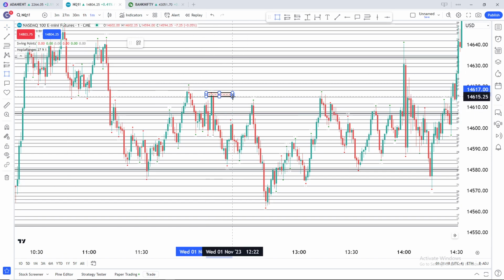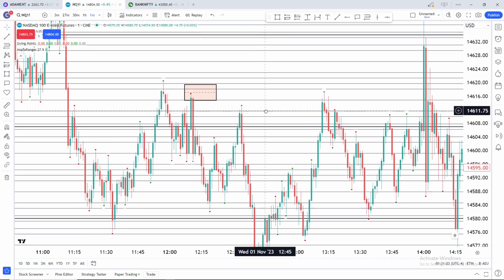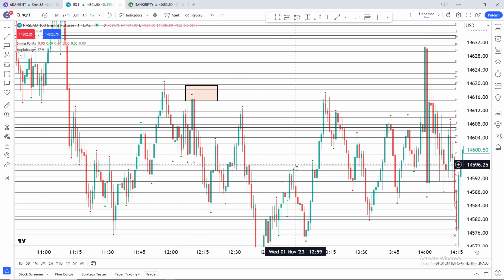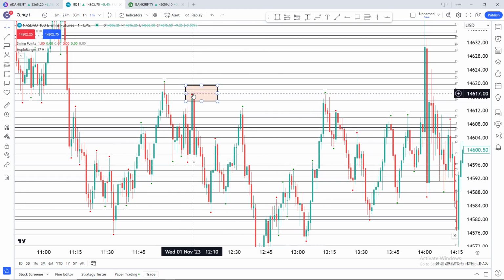This is not a proper support. If I zoom in a little bit, we spiked a little bit above the GB level and then the market went down. This is an alert for us that this is a fake move, right? The real move is actually the up move, but we want to wait for that up move to start.